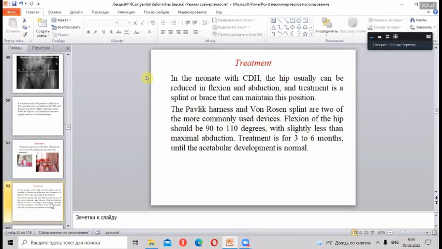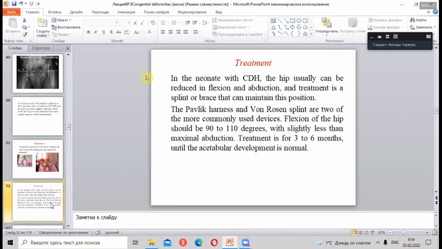In the neonate, congenital dislocation of the hip usually can be reduced in flexion and abduction, and treatment is a splint or brace that can maintain this position. The Pavlik harness and von Rosen splint are two of the more commonly used devices.